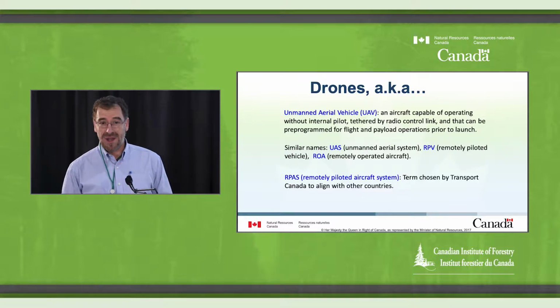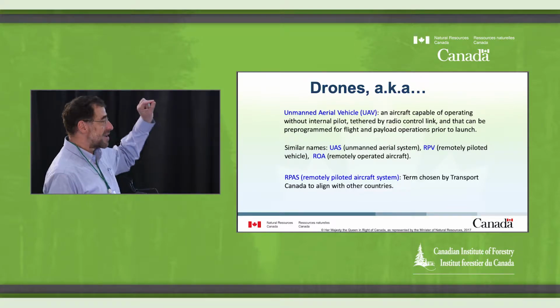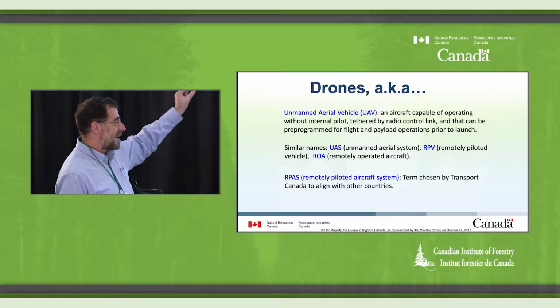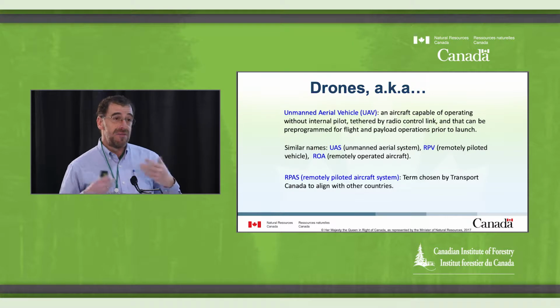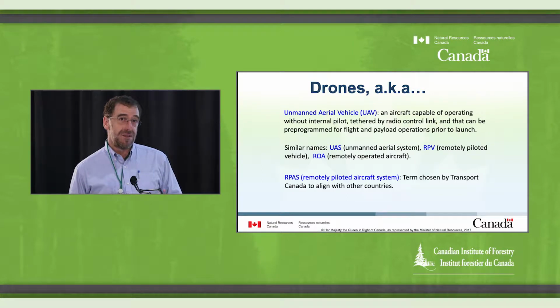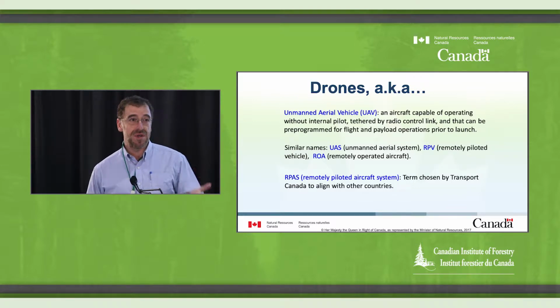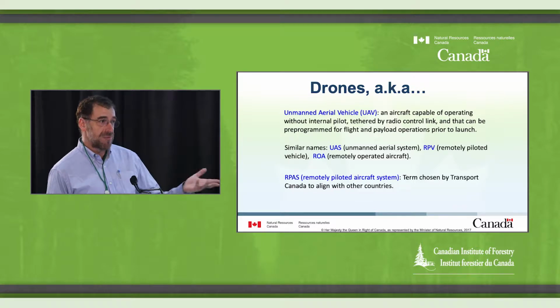As Ron put in his slide, we should scratch UAV and start using this one. I think the reason they are using this acronym, RPAS, is because it forces you to think that there is a person responsible for piloting the aircraft safely. And actually the next two talks are going to be dealing with that.